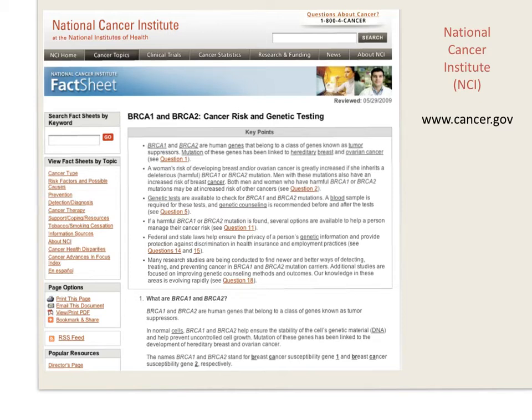Angelina Jolie. Others decide not to, but they have increased monitoring for breast cancers. BRCA also increases the odds of ovarian cancer, and prostate cancer in men.